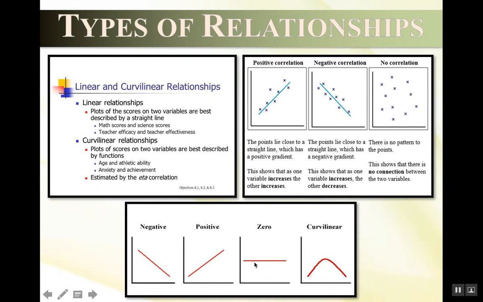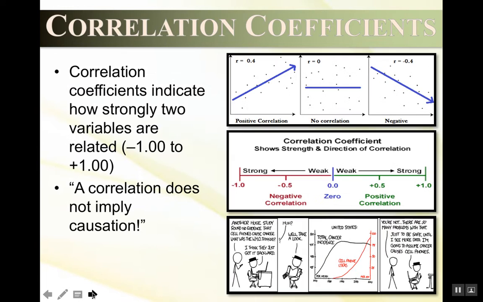And then there's also something known as a zero correlation as well. And that's kind of a no correlation, zero correlation, no correlation. So correlation coefficients do indicate how strong two variables are related. So a positive correlation, a no correlation, and a negative correlation.